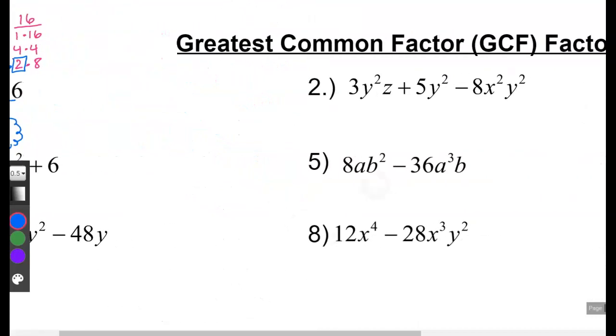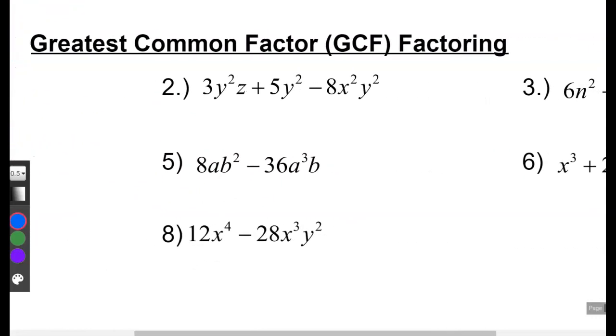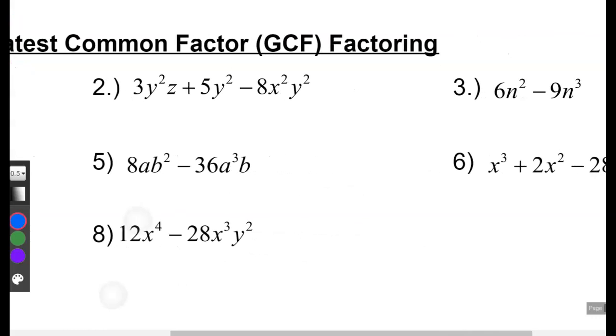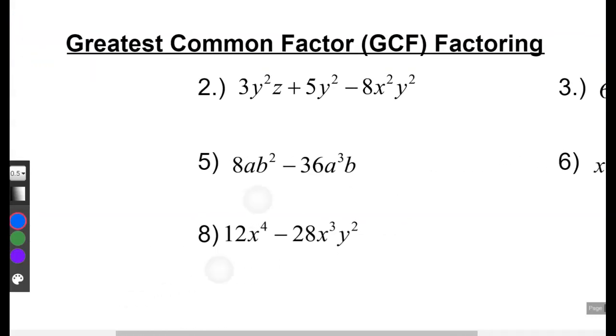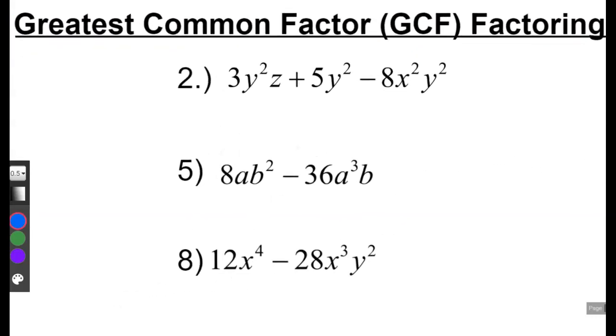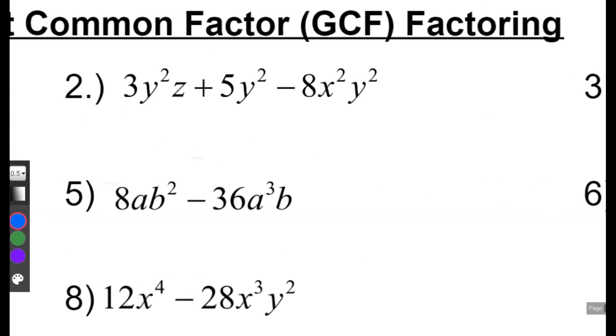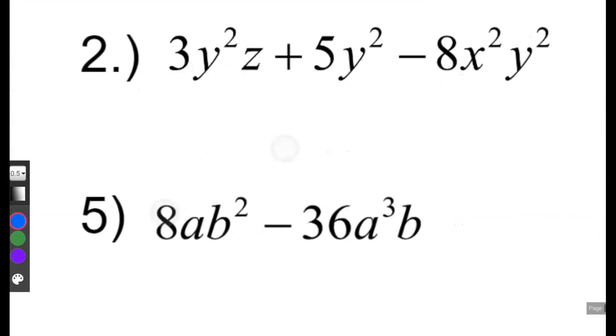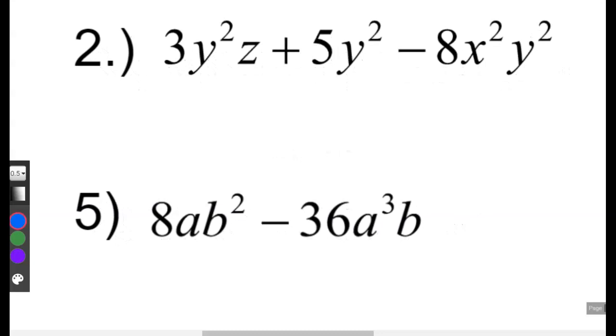Let's see here. Okay. We're going to step it up a little bit. Let's look at number 2. We have 3y squared times z plus 5y squared minus 8x squared times y squared.